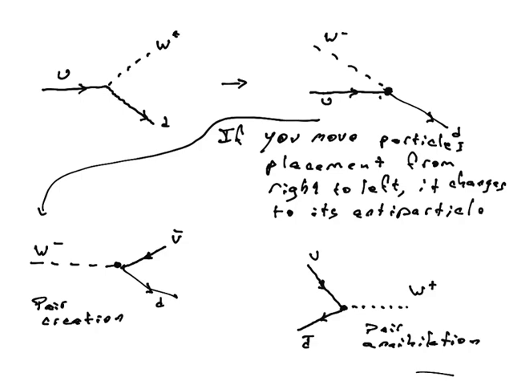Some other rules, you could change the placement of a particle in the diagram, but when you shift it from one side of a node to another, that changes it to an antiparticle version of what it was. So if it was an anti-down, it now becomes a regular down, and so forth.